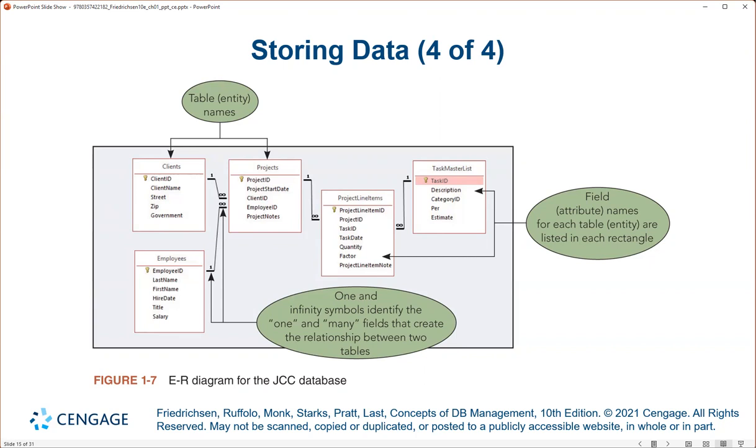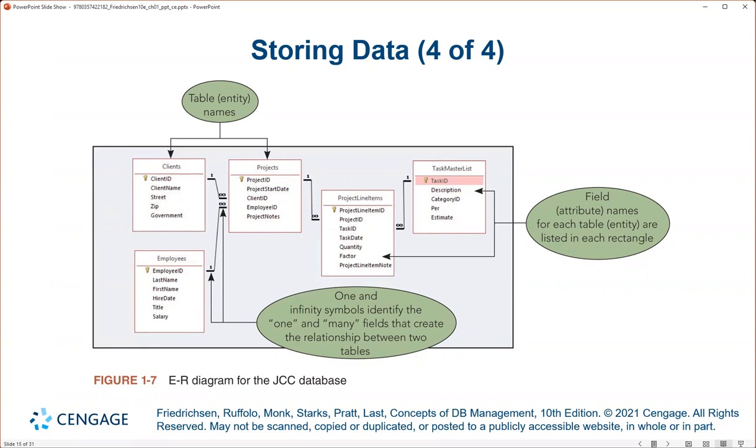You can see how we have attributes in one table that also exist in other tables. If we look at client ID, we can see that client ID also exists in projects. In the clients table, there's only going to be one unique ID per record. We're only going to have client ID 1 and client ID 31; you're not going to have it in there multiple times. So there's that one part of the relationship.